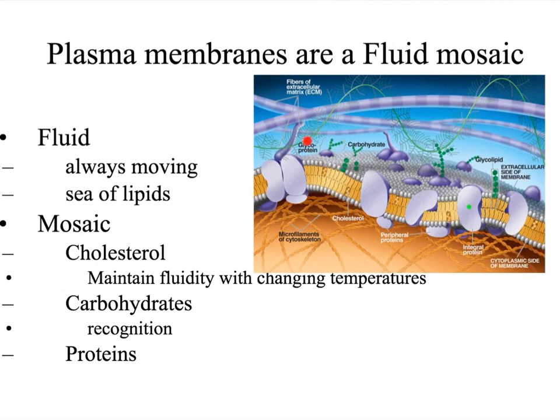We see carbohydrates attached on the outside, and these are important for things like communication and attachments. Then you have other proteins that are sticking out, and they have some lipids attached. So there's lots of different parts and pieces to our plasma membrane. And all of these parts and pieces are actually fluid, so they're constantly moving and shifting relative to each other. So it's said that a plasma membrane is a fluid mosaic.